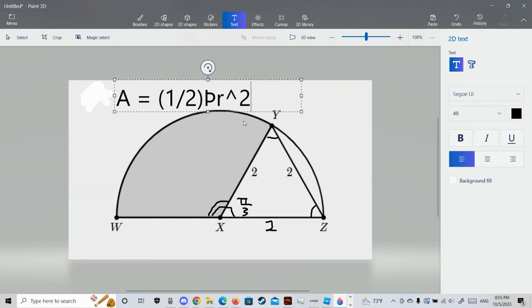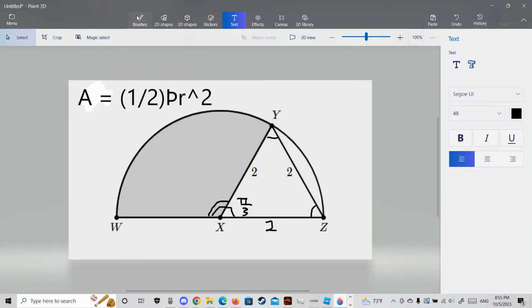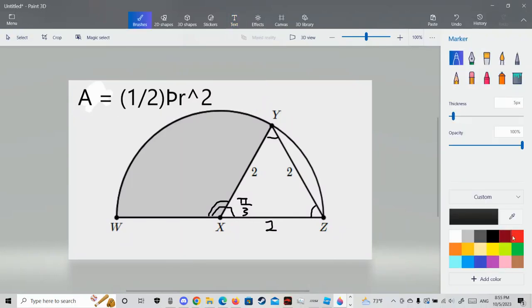Sorry. There. So that is our formula. In this case, we can plug in for theta, pi minus pi over 3. And then for the radius, we can plug in 2. So that's 2 squared, which is 4. So 4 times pi minus pi over 3.